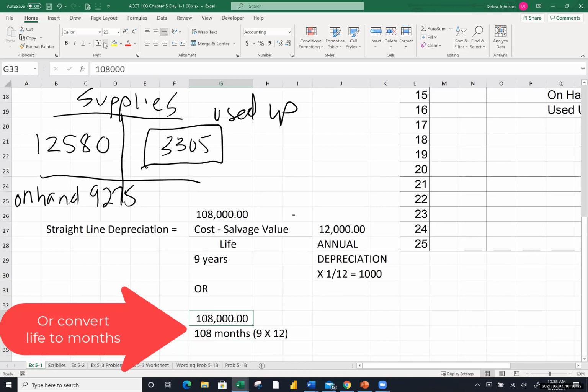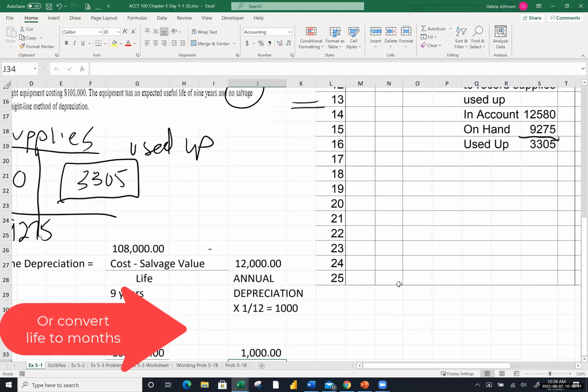Whichever you prefer, you can get a monthly depreciation rate either way. You can see that's also 1,000. So we need to record that 1 month's worth of depreciation. Before I record that, does anybody have any questions on the math there?